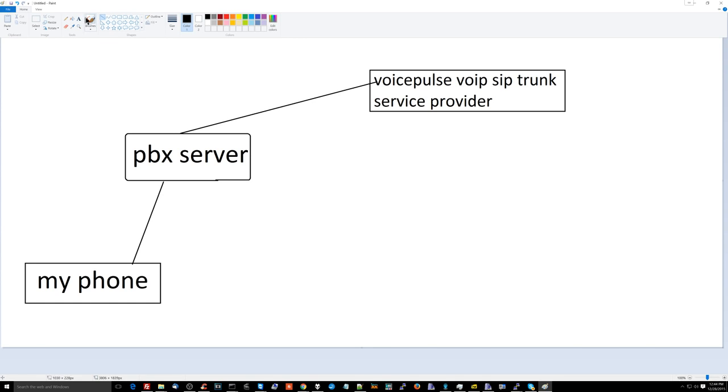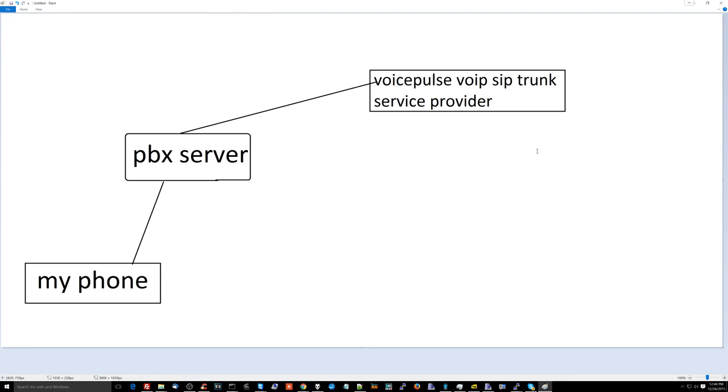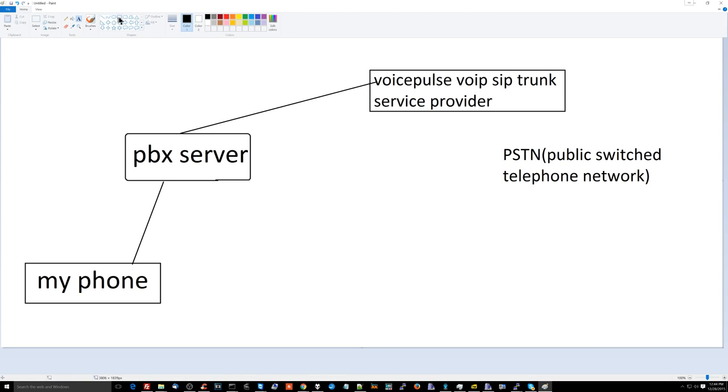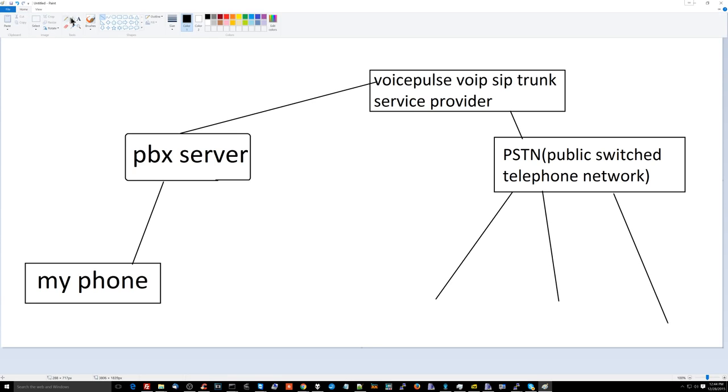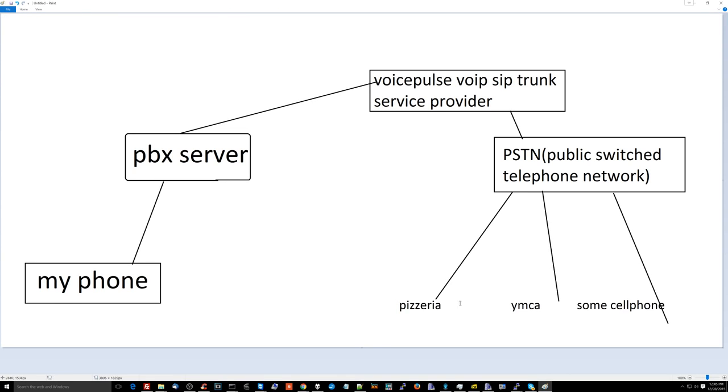So I'm going to take another line over here, and we're just going to go to PSTN, public switched telephone network. Then from here, we're just going to draw different lines to different things. So from here, I can go to the pizzeria, so you get the idea.